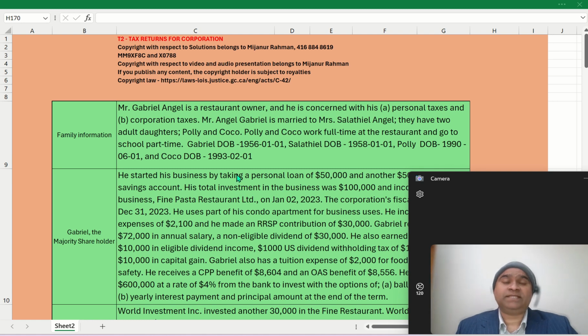So this scenario is exactly the same scenario what we had before. I only made 2 to 3 changes within this presentation.